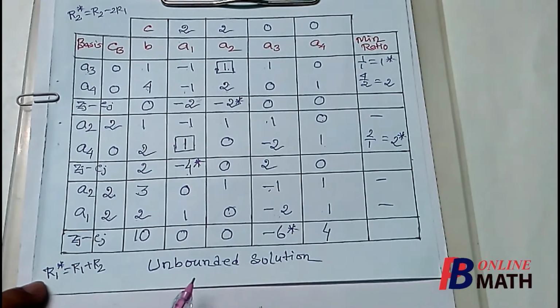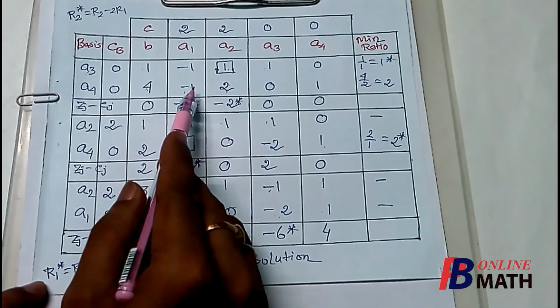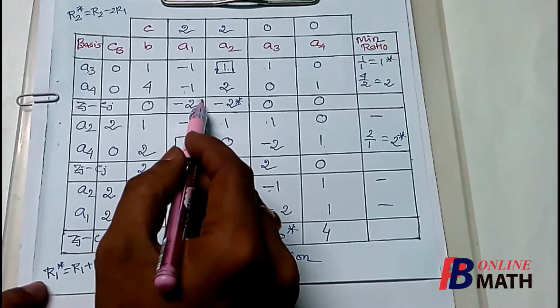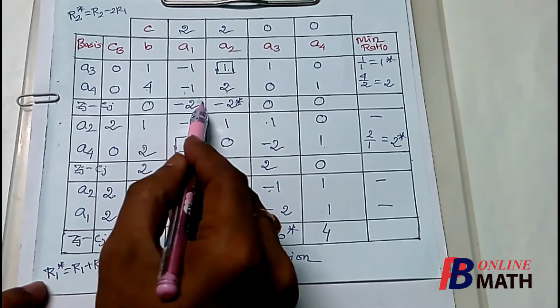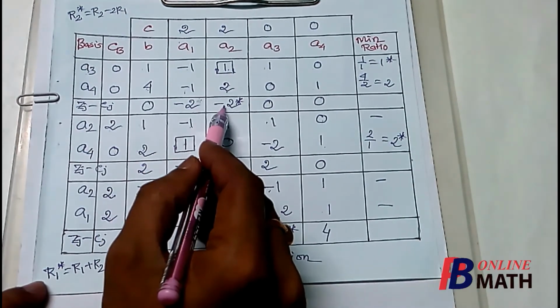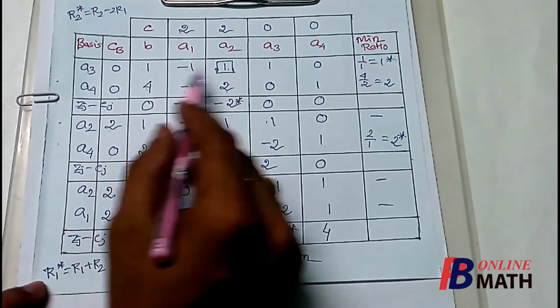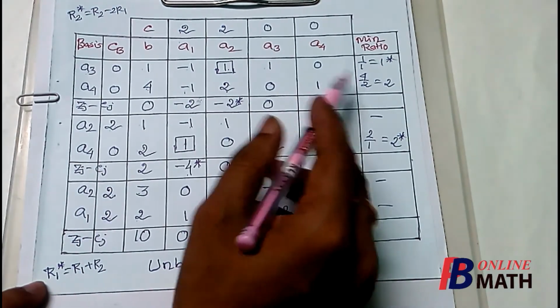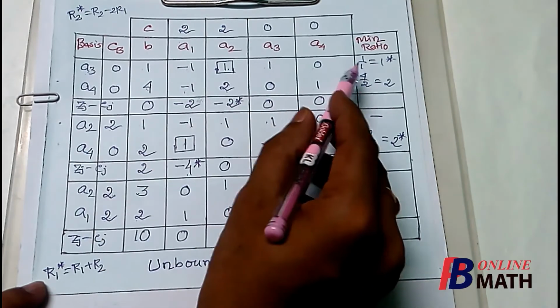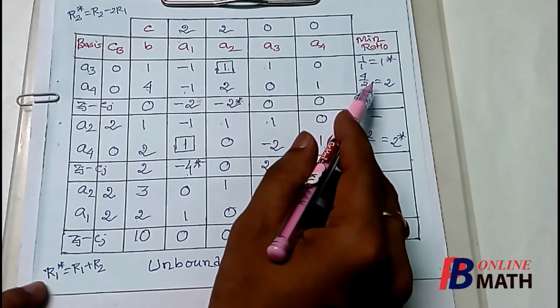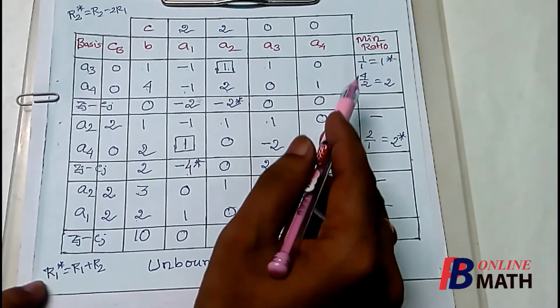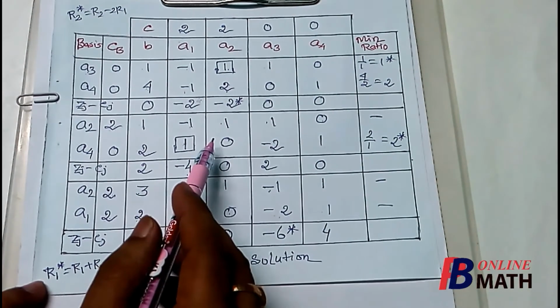Now the same conclusion can be made from the first step of the table. If we select this minus 2 as the key element instead of that minus 2, then from the first table we would have found that both the ratios are negative. From here we can easily conclude that the problem has an unbounded solution.